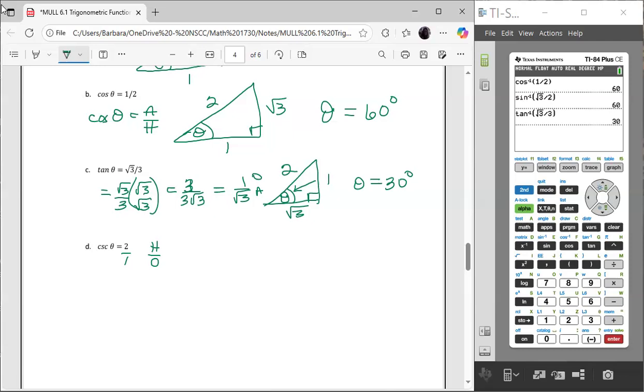That's the reciprocal of sine. So putting in our theta, our hypotenuse is 2. The side opposite the angle is 1. So this is a 1, square root of 3, 2 triangle. Since theta is across from the smallest side, we have 30 degrees for theta.